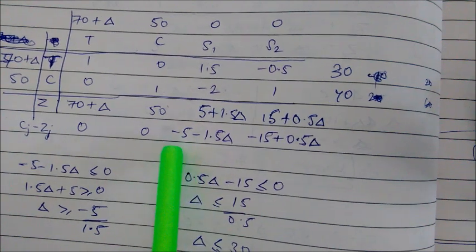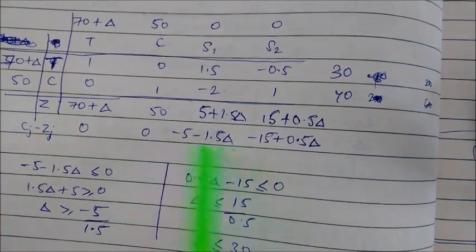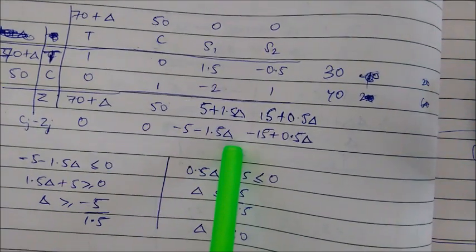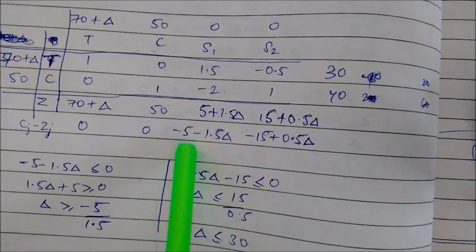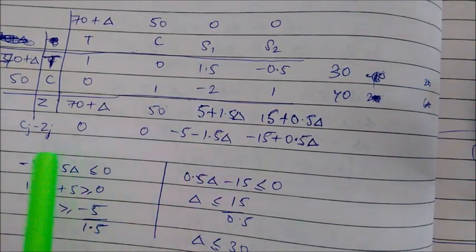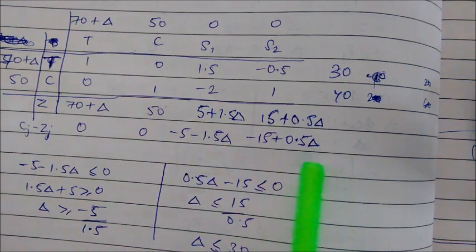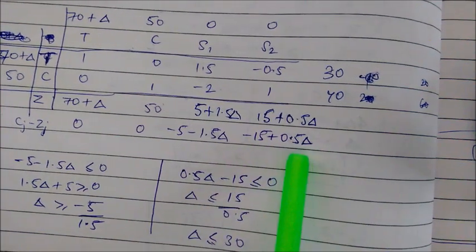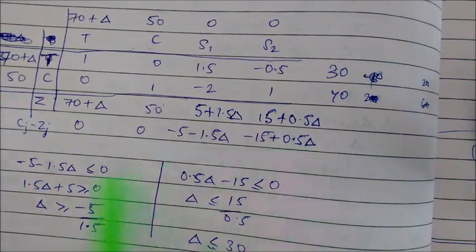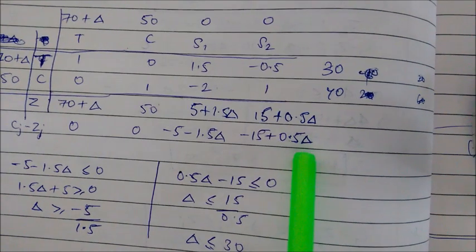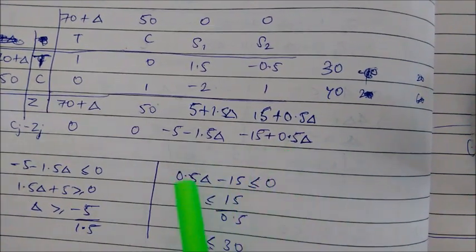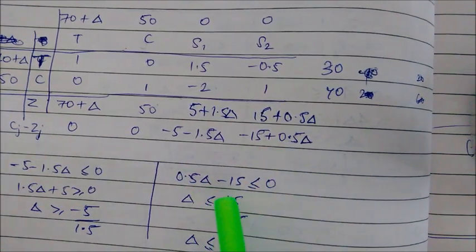So in order to satisfy that, we form two inequalities. We've written minus 5 minus 1.5 delta is less than or equal to 0. Similarly, we want this to be negative as well, so we have written 0.5 delta minus 15 is less than or equal to 0.